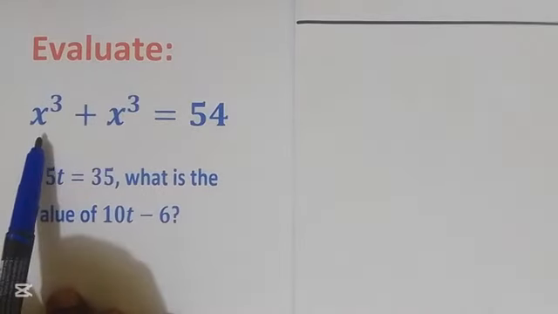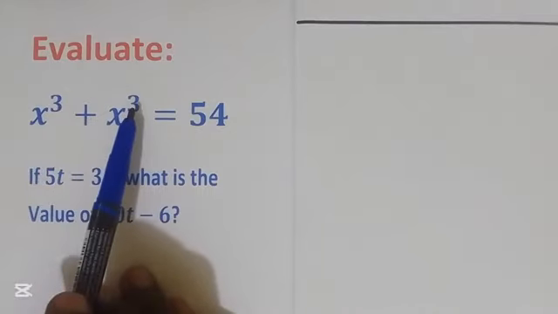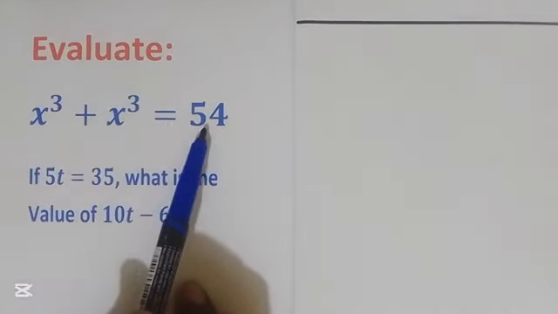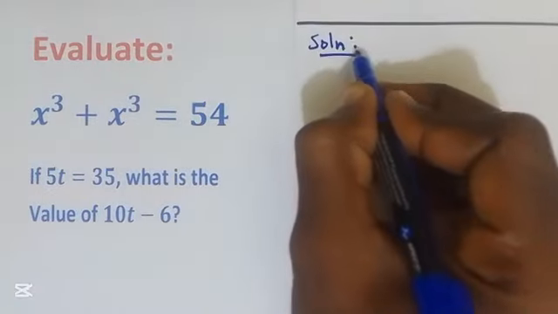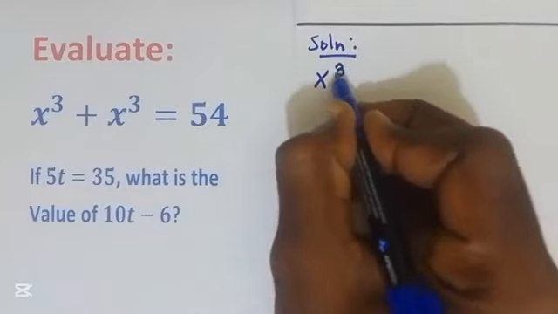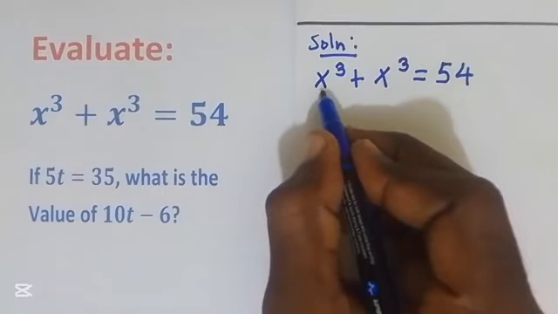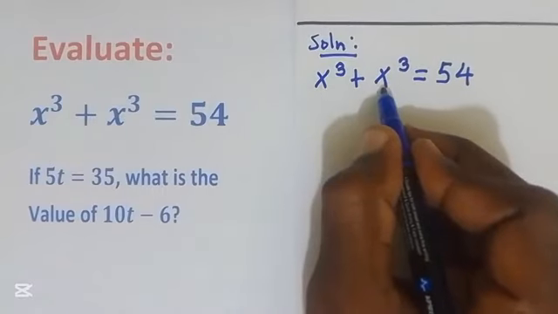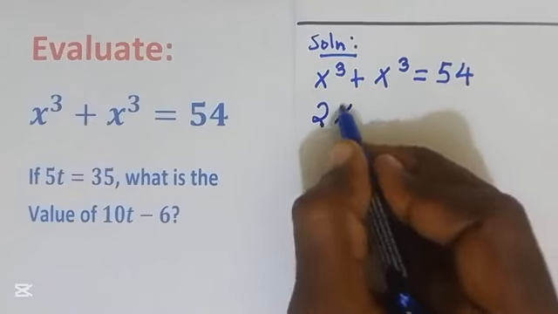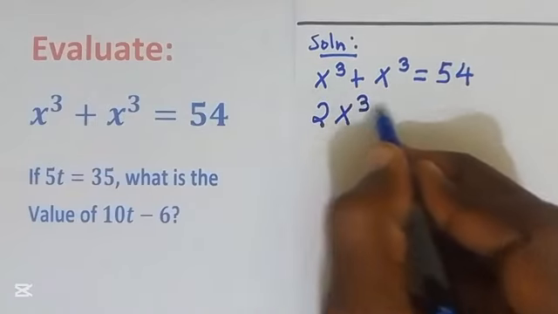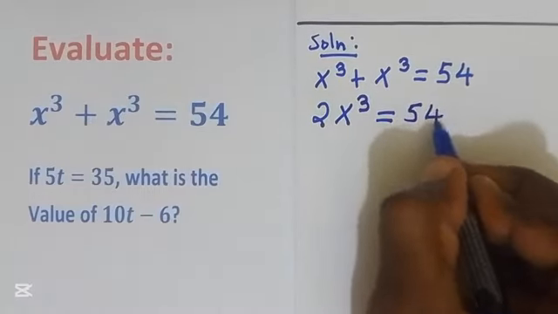The first question says x cubed plus x cubed is equal to 54. Solution: we know x cubed plus x cubed, we are going to get two of them, that is 2x cubed, which is equal to 54.